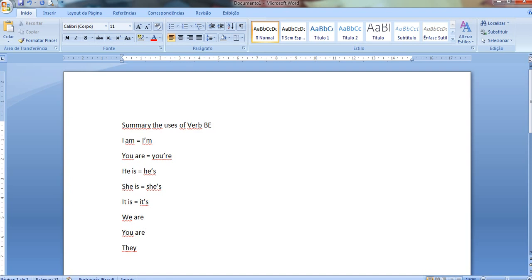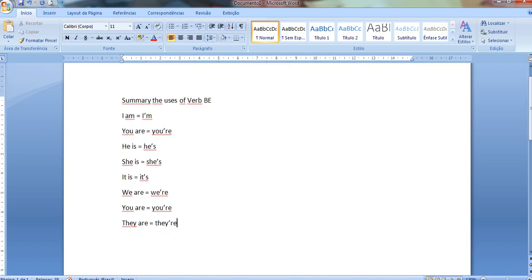You are, they are, and they have the contractions where you are, you can say you're again as the second personal pronoun in singular form. They are the same form, and they're. Okay, so we have the conjugations of verb be in all personal pronouns in present simple tense.